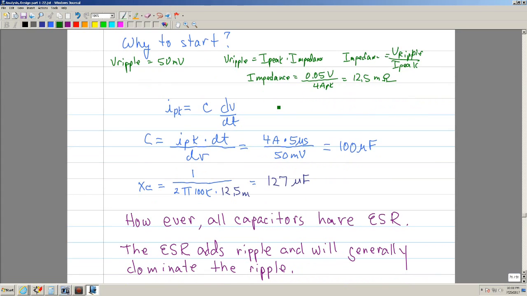Basically you want the equivalent impedance of the capacitor and the ESR, between here and here, to be 12.5 milliohms or less.